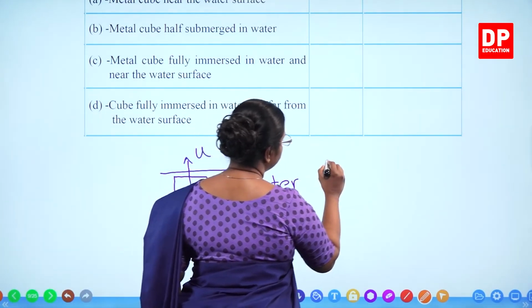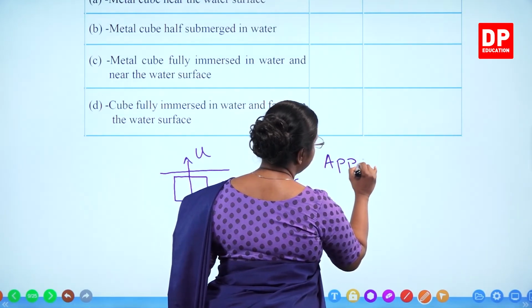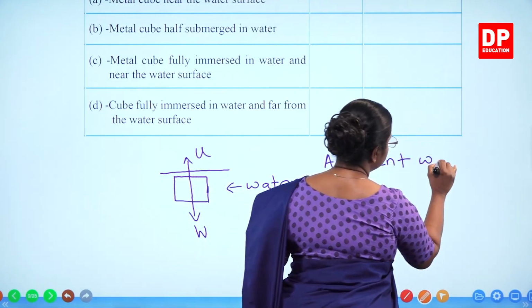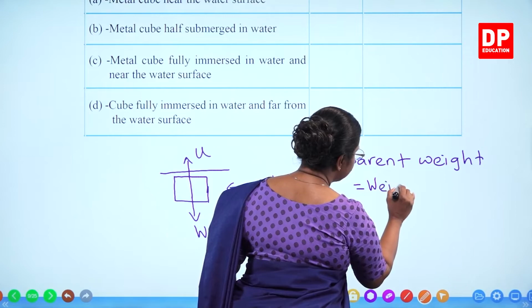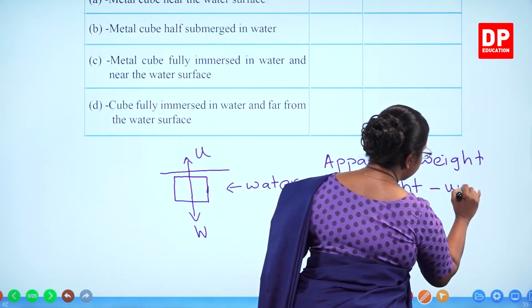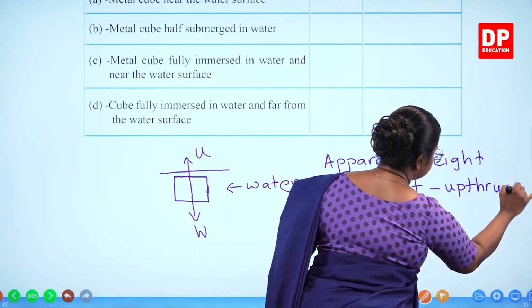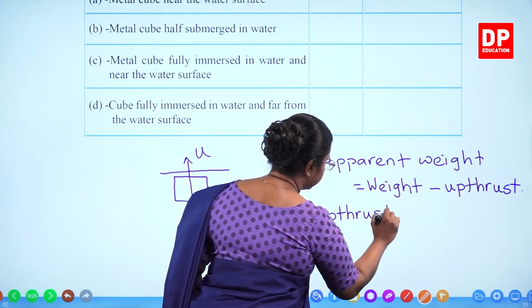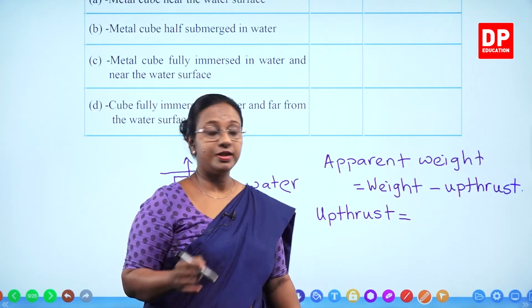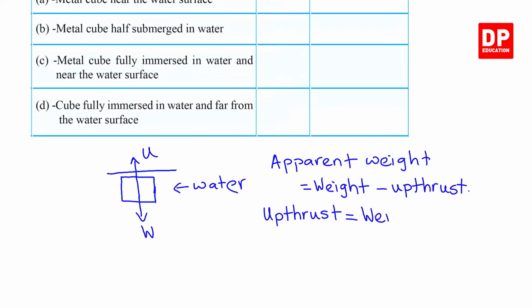So here this is water. I told you all apparent weight is equal to weight minus upthrust. So what is upthrust? If you rearrange the equation, you will see weight minus apparent weight is upthrust.